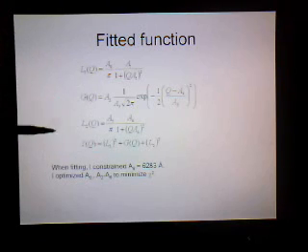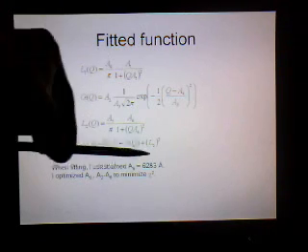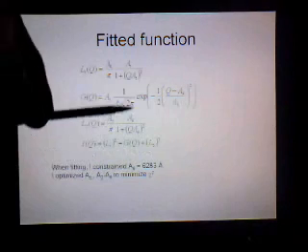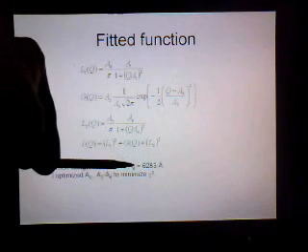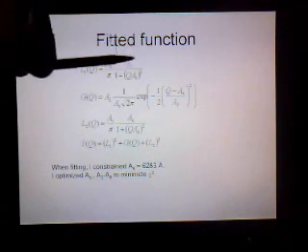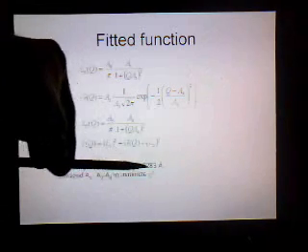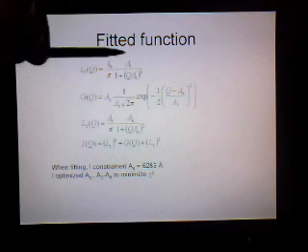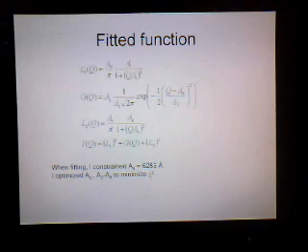Okay, and so when I fitted this function, I assumed that this parameter, I think A1 here, was fixed at a very large value. So we're essentially just saying this is 1 over Q to the 4th behavior.